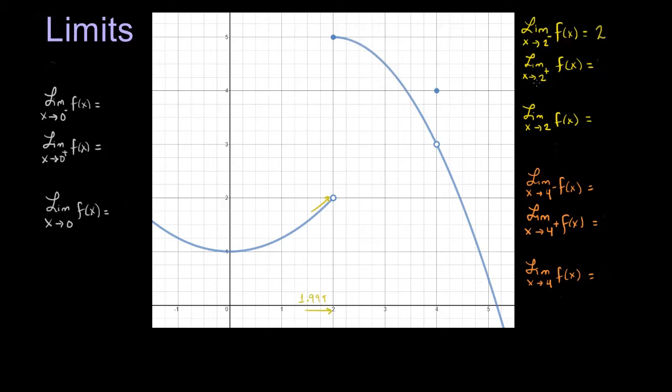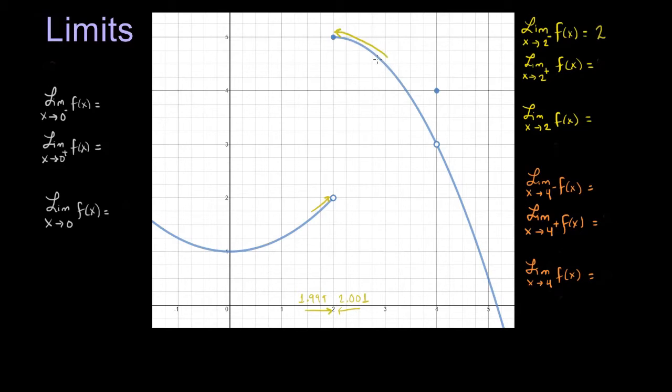Now, let's get to the second one. What's the limit when x approaches 2 from the right for f of x? Now we are approaching from the right. Let's say we place a value of 2.001. Instead of getting through here, we'll be getting through here.